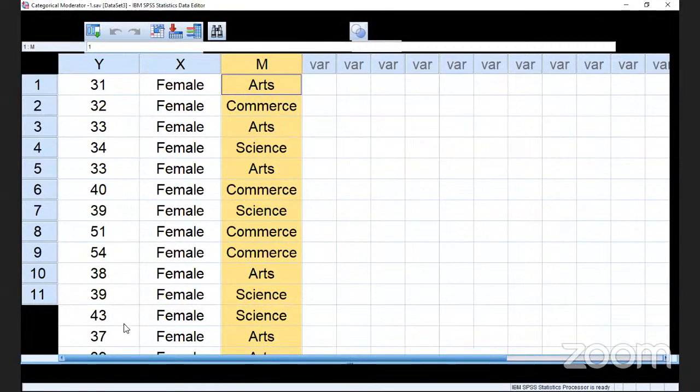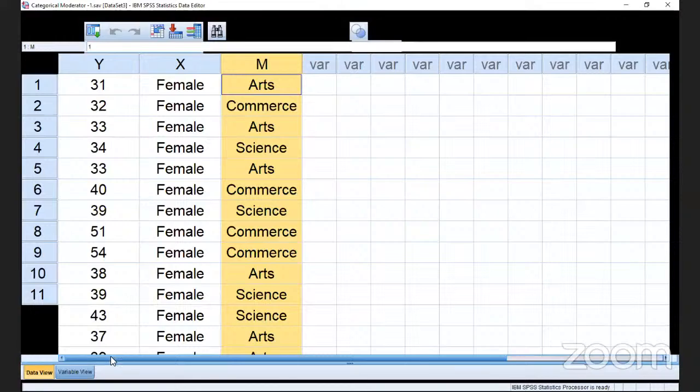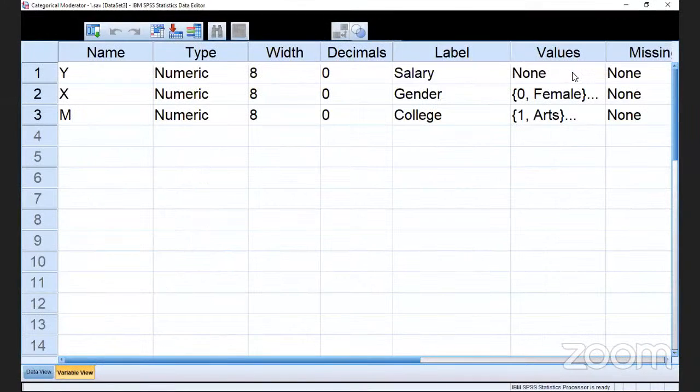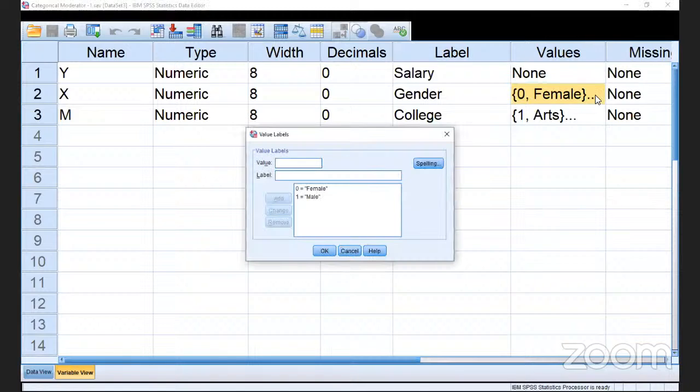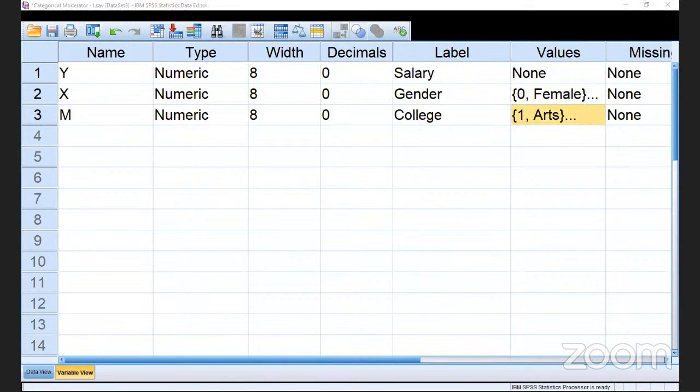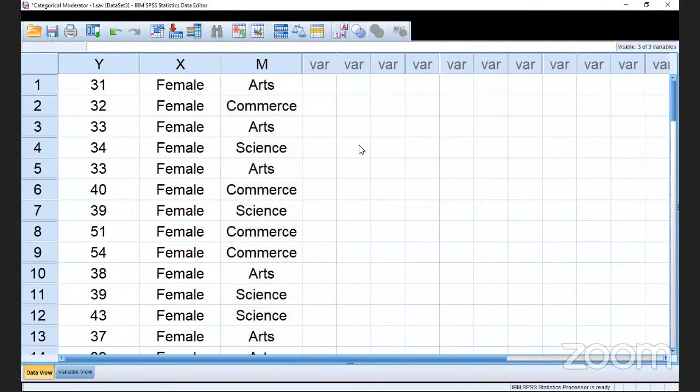In this case study you can see salary, one independent variable, male and female, meaning gender, and third, there are three types of college: arts college, science college, and commerce college. Here we can see this data set.